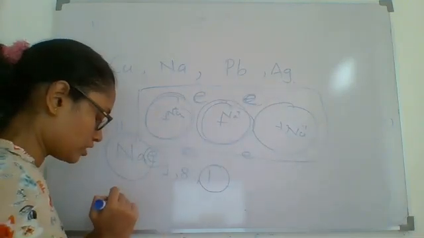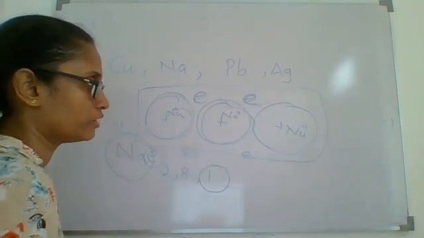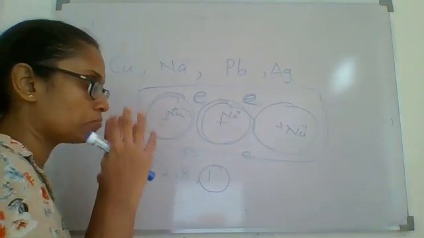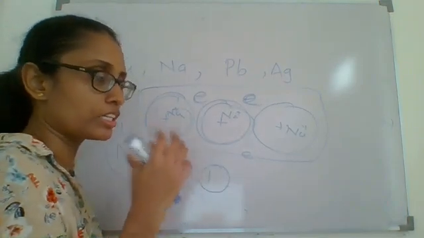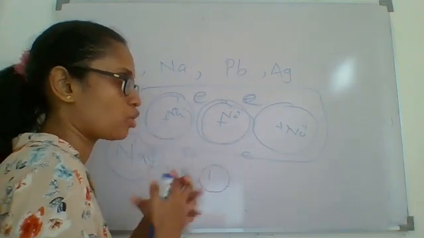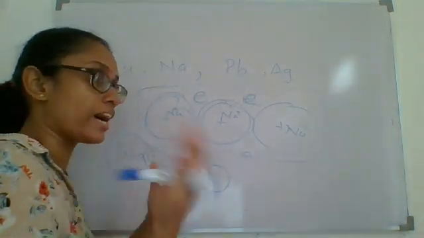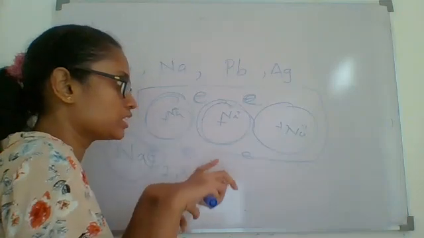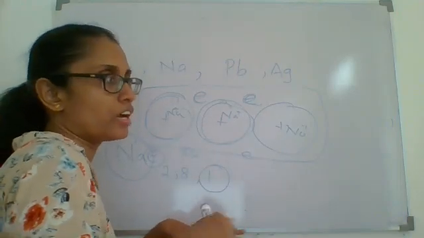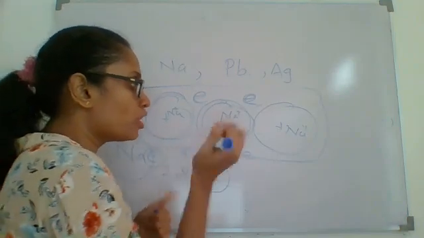So we explain this theory as this: in a conductor, the metallic atoms, metallic ions, are in a pool of electrons.